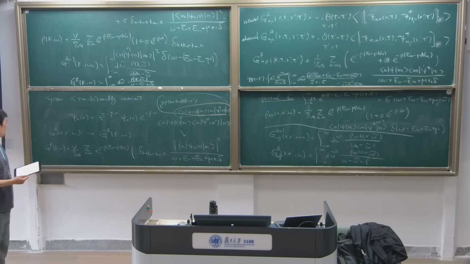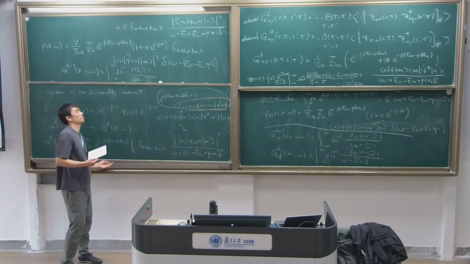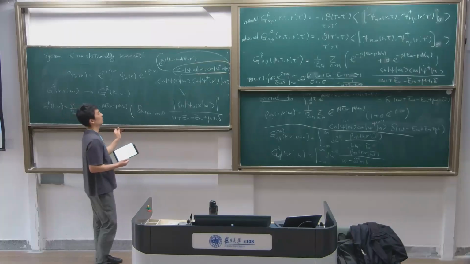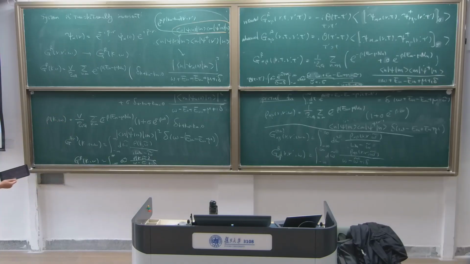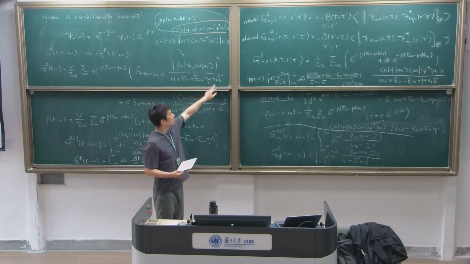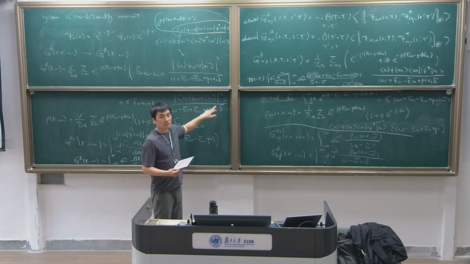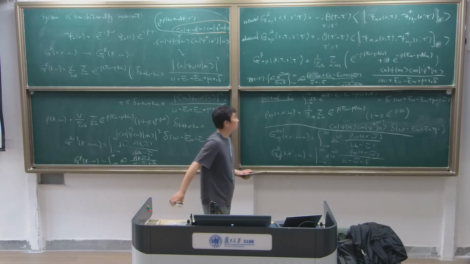And then the Green function. Looking at it, there is the i here, which is still complex. But you can use the following trick.